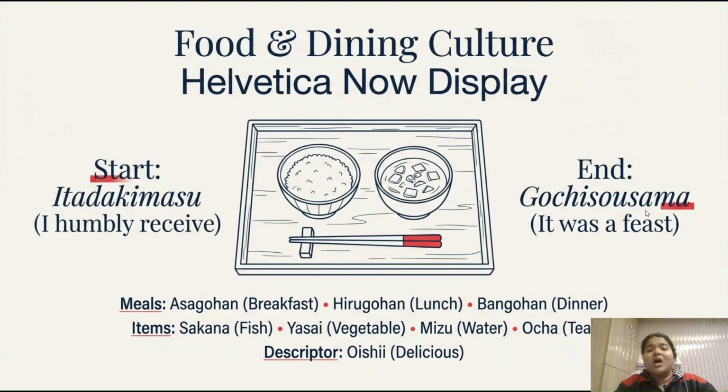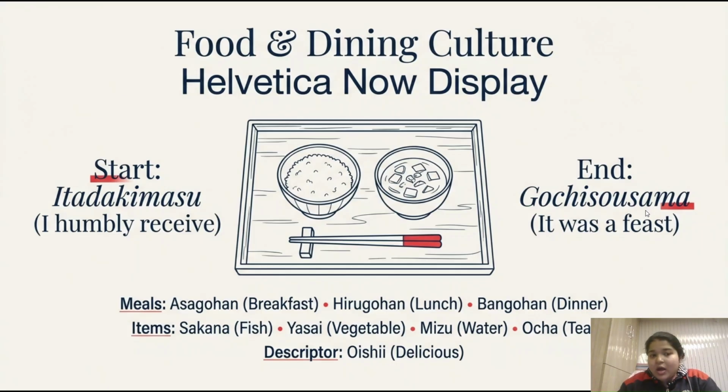So when they start their meal, they always say itadakimasu, which means I humbly receive this food. And when they have enjoyed their food, they end it on a good note, which is gochisousama, which is it was a feast, I enjoyed it thoroughly.